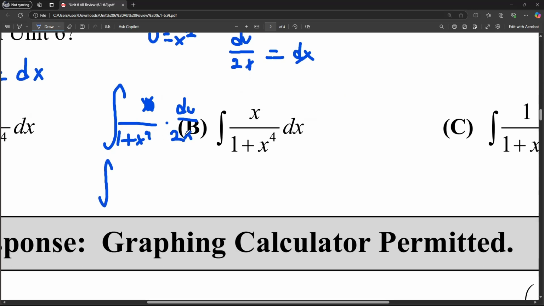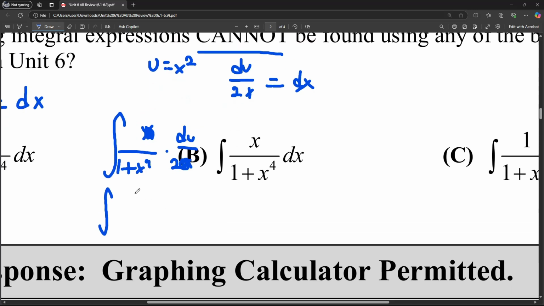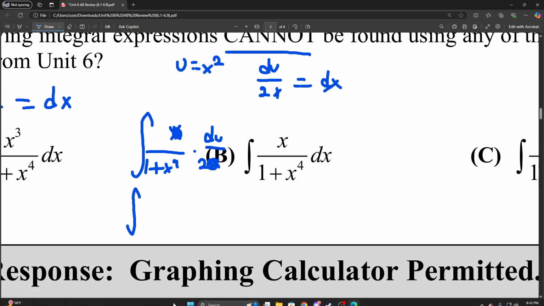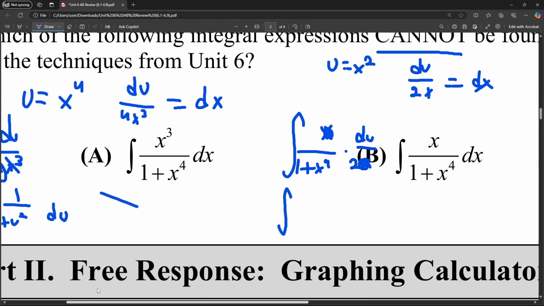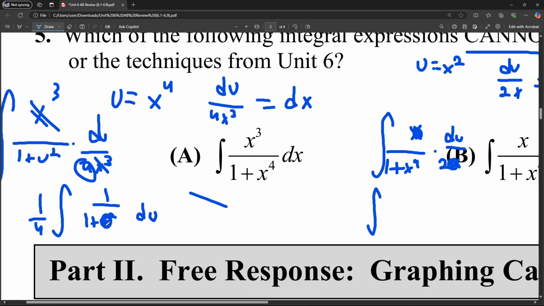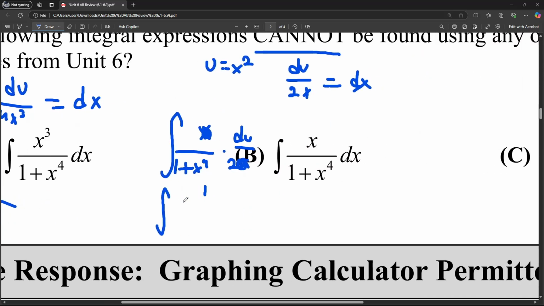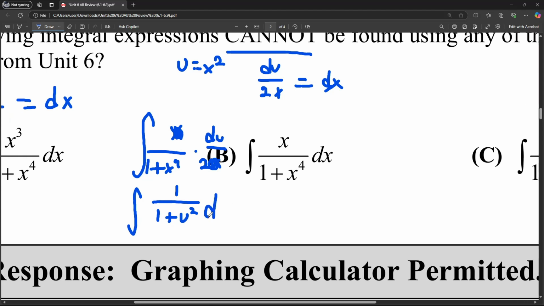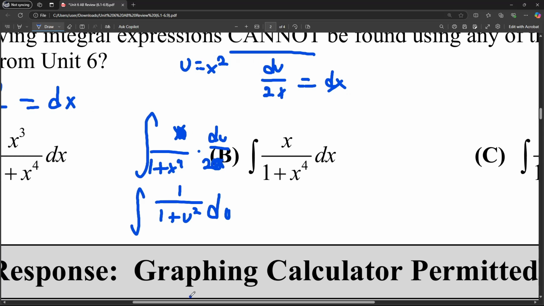So the x's cancel out, and then this x to the 4th is just going to be u squared. And then for this one, this should just be 1 plus u squared. Yeah, alright. Anyways, so you get 1 over 1 plus u squared du, and then yeah, I think you also should be able to solve it from there.